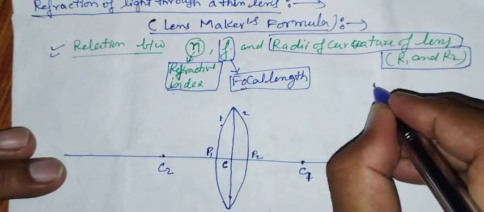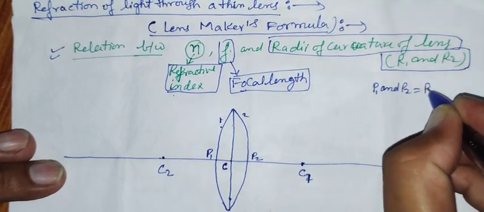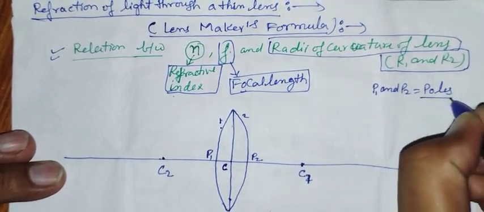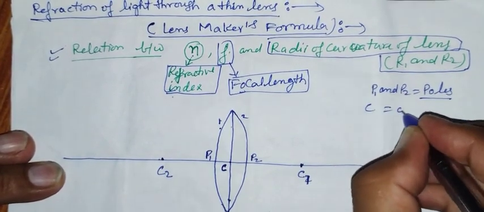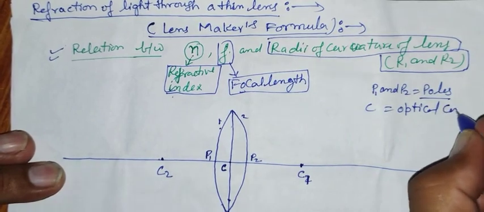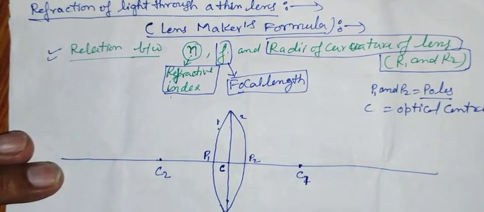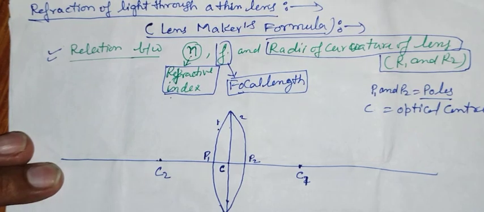So see, P1 and P2 are the poles, C is the optical center, and see R1 and R2.